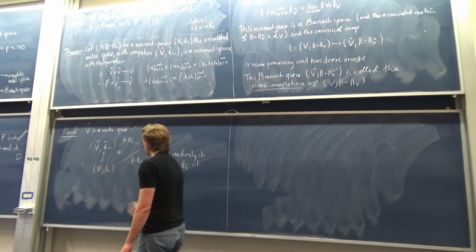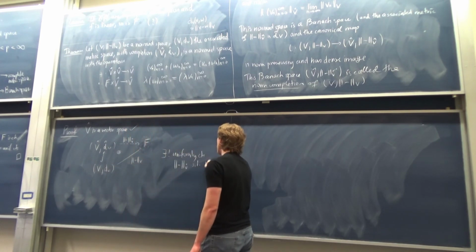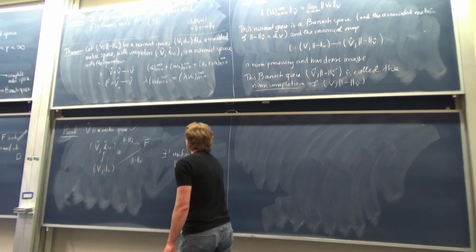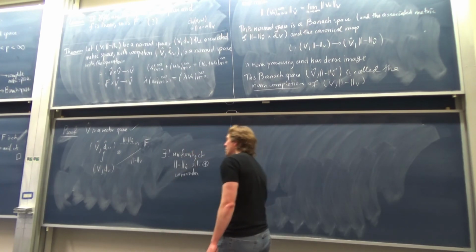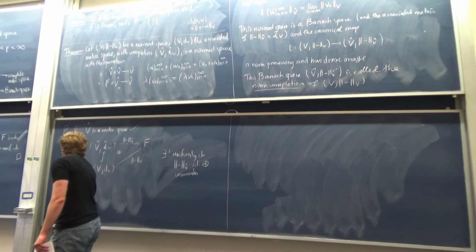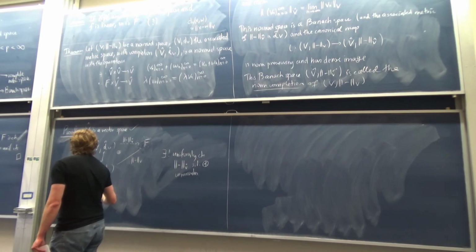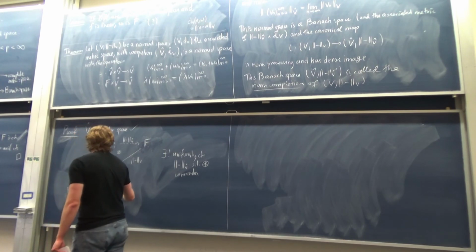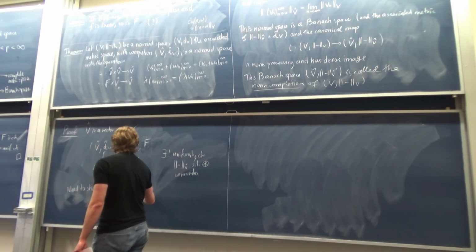That is, it restricts to the old norm on V. Okay, so we need to show that map, which we've produced, actually is a norm.